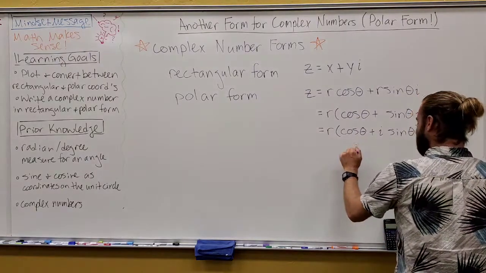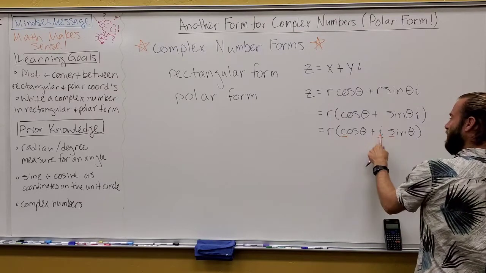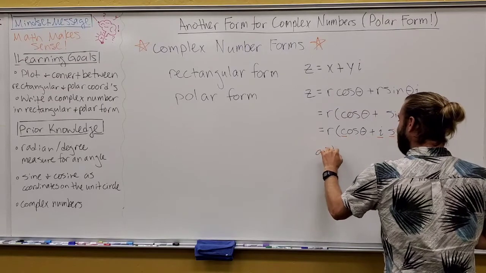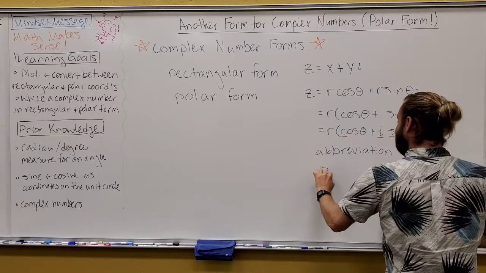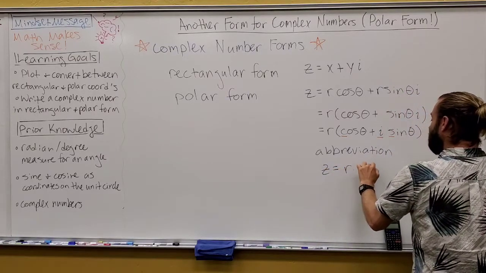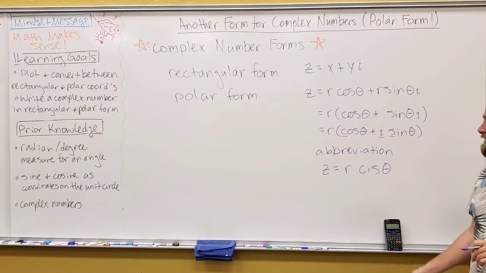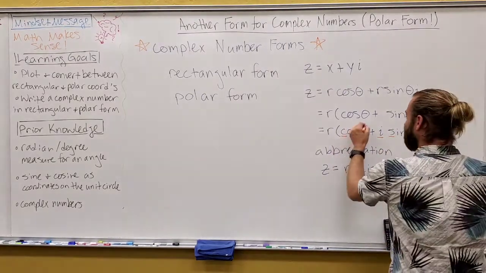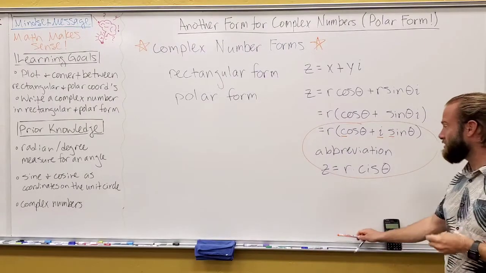We're going to abbreviate this as CIS, cosine i sine. So z equals r cis theta. So anytime I'm talking about cis theta, I just mean cosine plus i sine, okay? So that is going to be our official polar definition for a complex number.